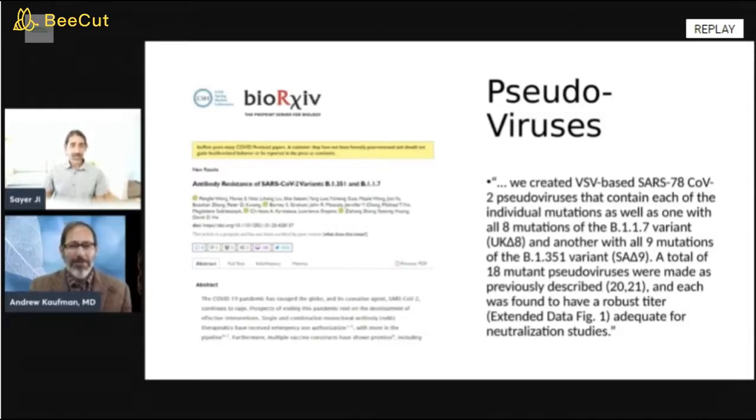So after they create these pseudoviruses in the laboratory, they then interact them in a cell culture with different antibodies, and that's how they say that it's more or less transmissible or more or less clinically severe, or even that it might be resistant to the vaccine, because they say the vaccine creates a certain antibody, and they see how it binds with that antibody, right? And if it binds weakly with that antibody that the vaccine is supposed to create, then they say it's going to be more severe.